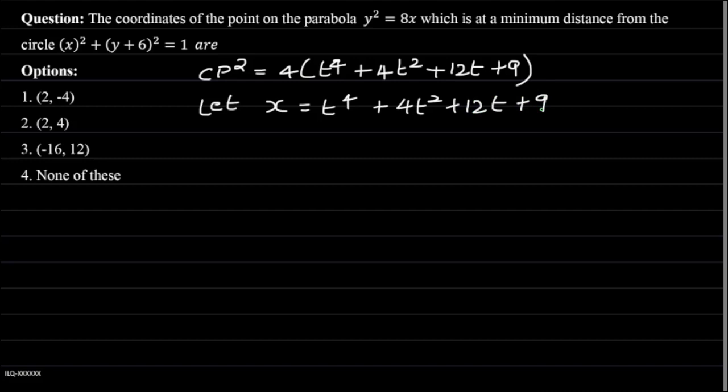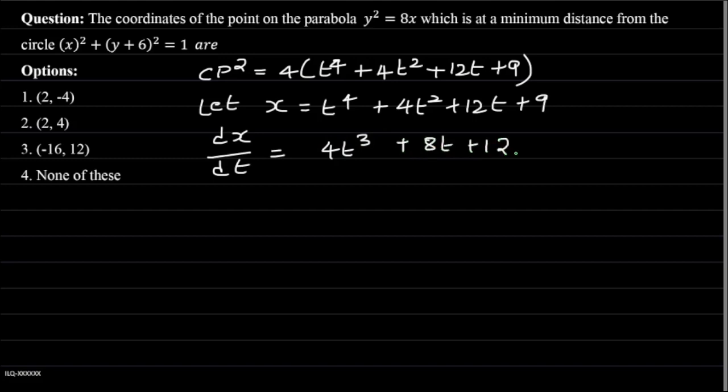In order to find the minimum value of the function, we have to differentiate. So I'm differentiating x with respect to t, and I'm getting 4t cube plus 8t plus 12.